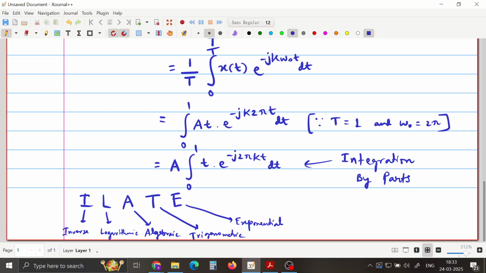That t is an algebraic function, and then we have an exponential function, which falls in the category of capital E. Since exponential is at the extreme right, it will always be the second function, and the function t belongs to the class A, algebraic, which is to the left of E, so it is chosen as the first function.